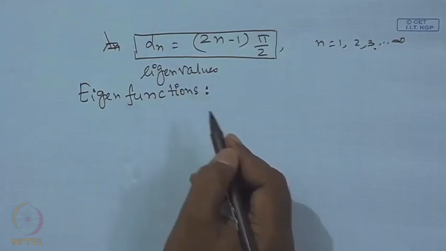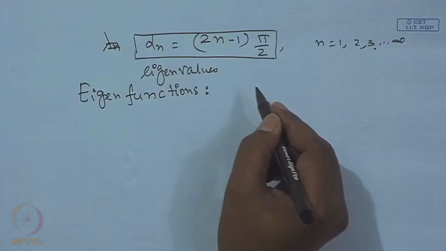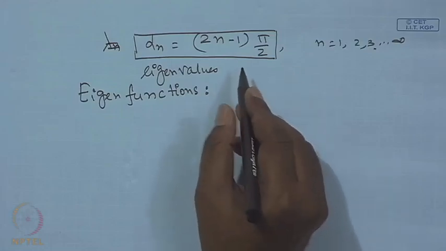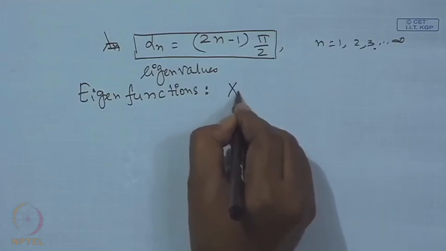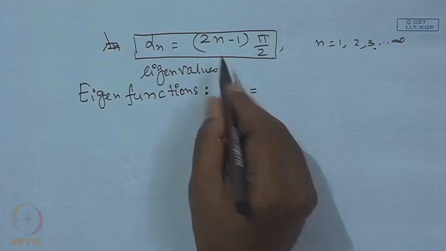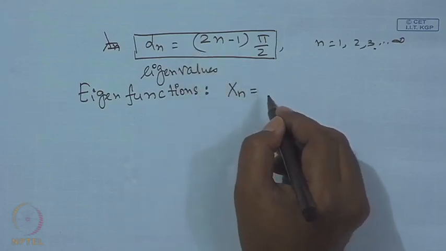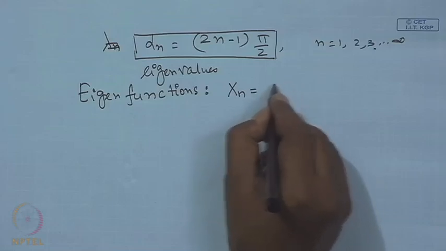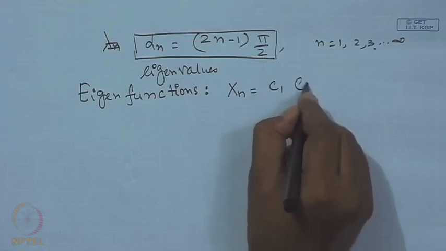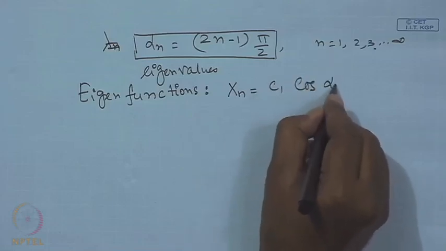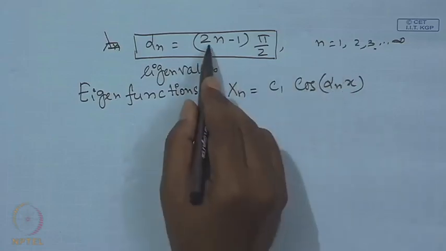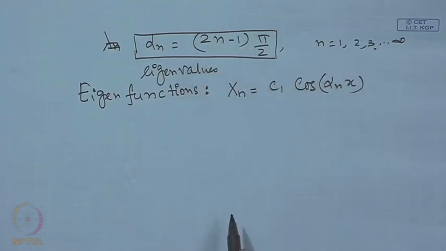We have already seen this: in this case, the Neumann boundary condition, the eigenfunctions are cosine functions, and X n is the nth eigenfunction corresponding to the nth eigenvalue. So, this will be C 1 cosine alpha n x, where alpha n is nothing but (2n minus 1) pi by 2.